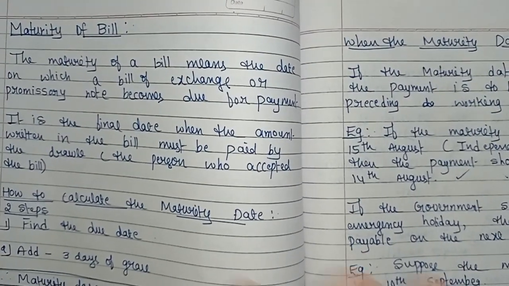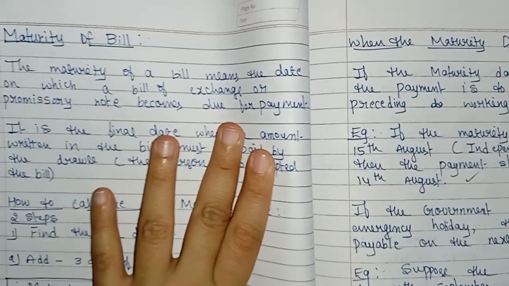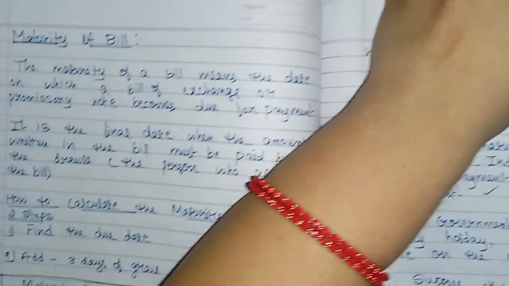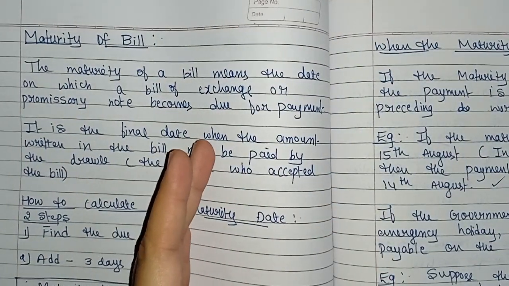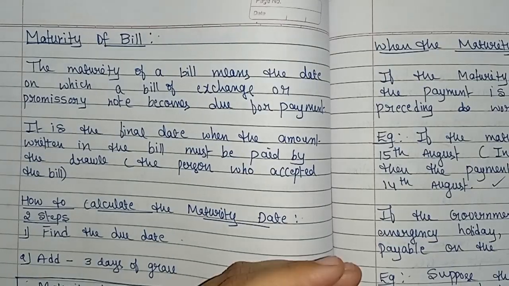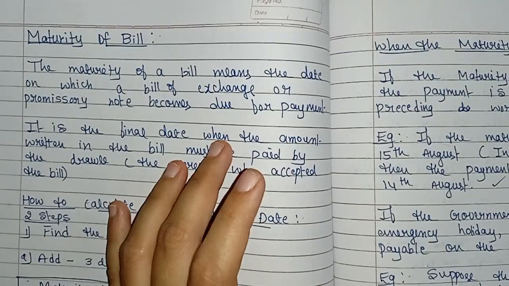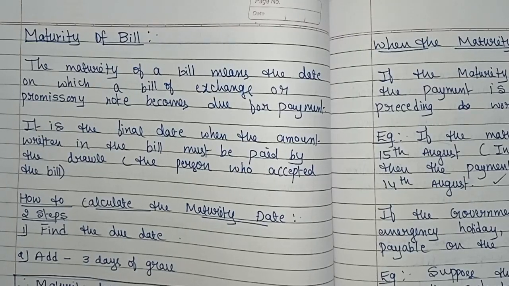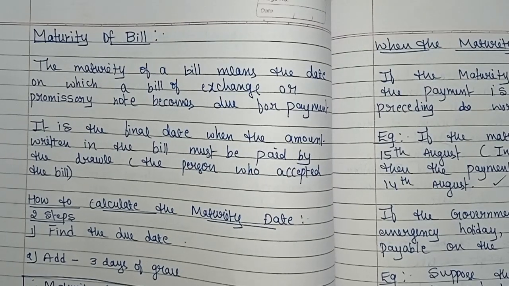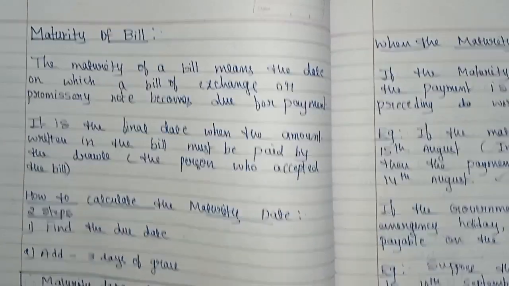Maturity of bill applies to both bill of exchange and promissory note, because in both cases the payment becomes due after a certain period, and 3 days of grace are added to find the maturity date.